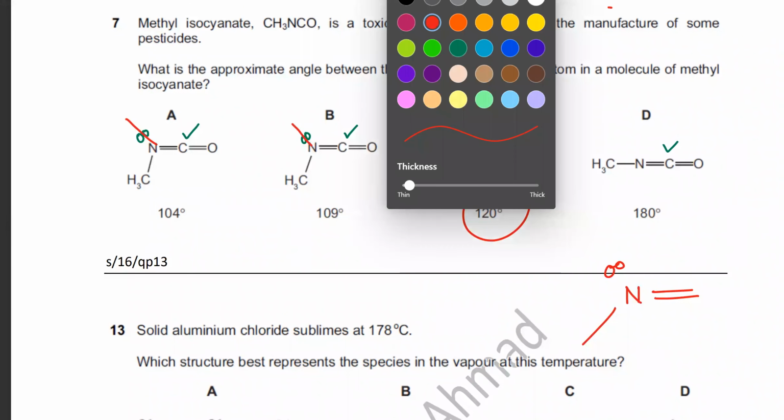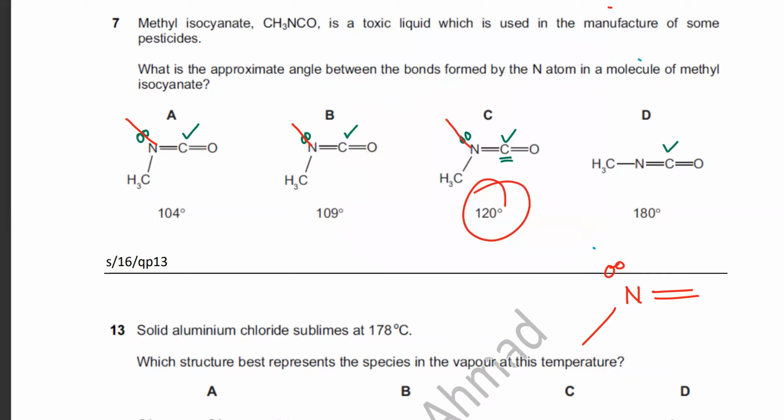The double bond would be repelling the single bond, and the lone pair would be repelling both of them. So it's basically derived from a fan shape, fan shaped around the N atom, except that there's no atom attached to that side, so there's nothing here. So the shape of the molecule would just be bent at an angle of approximately 120 degrees.